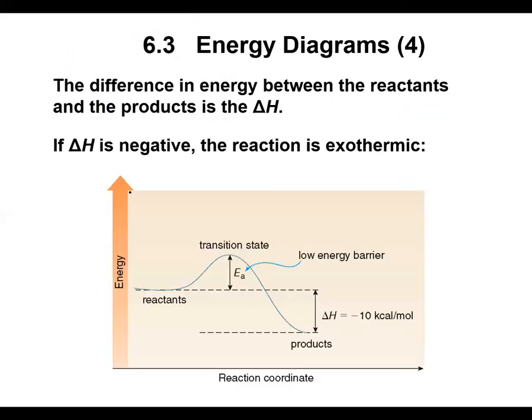And again, that difference between reactants and products is how we calculate the delta H of the reaction. If we look at this energy diagram here, we see the same things that we've been talking about. Our reactants are higher in energy than our products. So the way you can easily think about that is, in order for this reaction to take place, to get down to our products, energy has to be released, right?